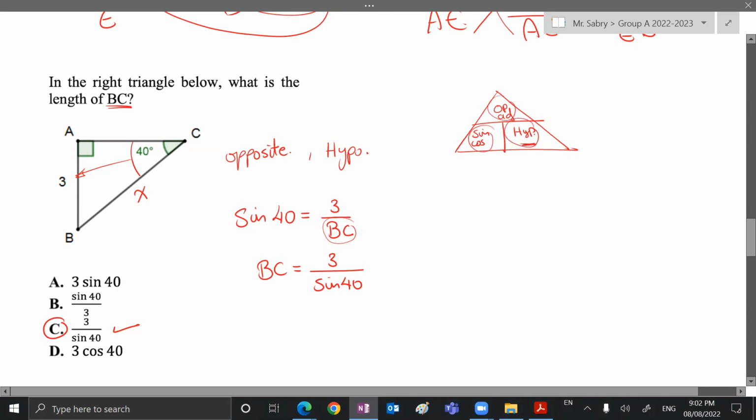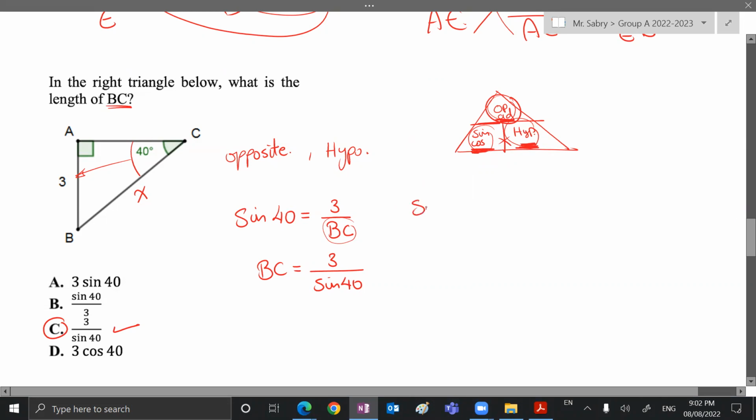If you need to find the hypotenuse, you do the opposite divided by the sine. If you need to find the sine, you do the opposite divided by the hypotenuse. If you need to find the opposite, you do the sine times the hypotenuse. So if they're next to each other, you multiply them. If they're over each other, you divide them. That's one way to look at it.